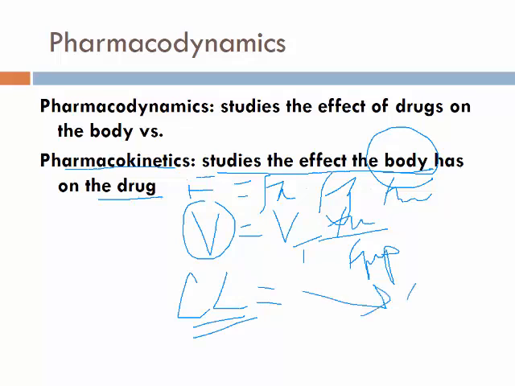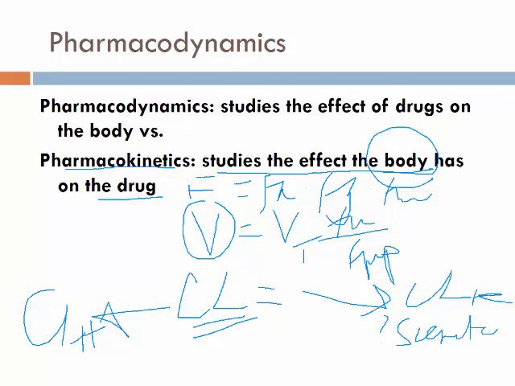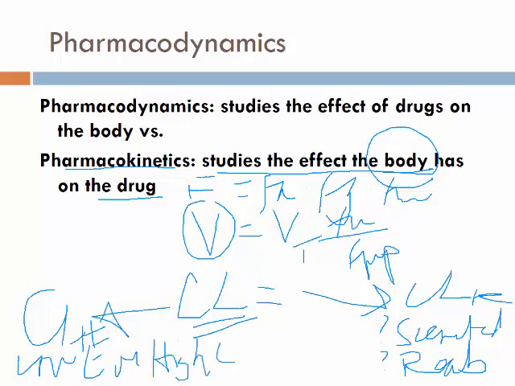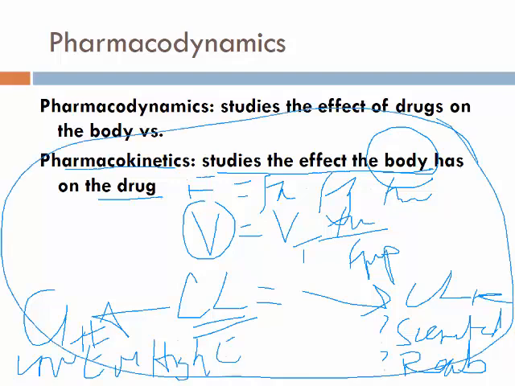It depends on if it's renal or hepatic, right? If it's renal, we're asking, is it primarily secreted or reabsorbed? And for hepatic clearance, is it low E or high E, right? And then we can go into what determines all of that. But that's our kinetics piece, yes?